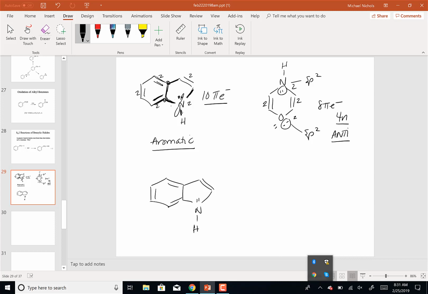So one of the two may, but both cannot. That means this system is not going to become anti-aromatic because it has a choice. It's just going to be non-aromatic.